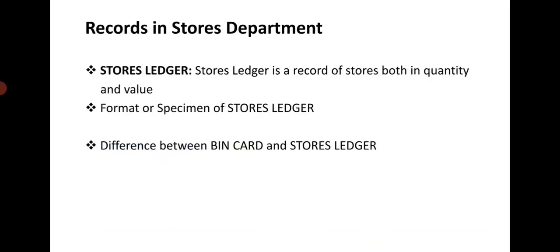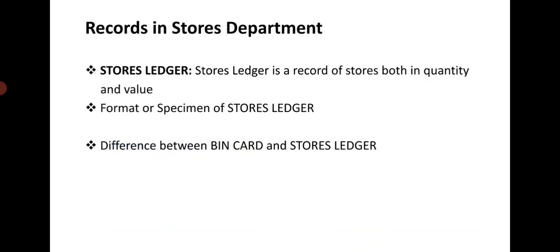But stores ledger tends to keep the records of every quantity received or issued or in stock, and also the financial expression of the same thing. Second difference is bin card is maintained by the stores in charge or storekeeper, but the stores ledger is maintained in the costing department of the entity.